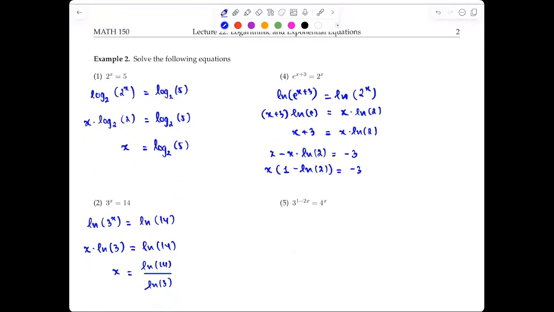When you solve for x, you get -3 divided by 1 minus ln of 2.